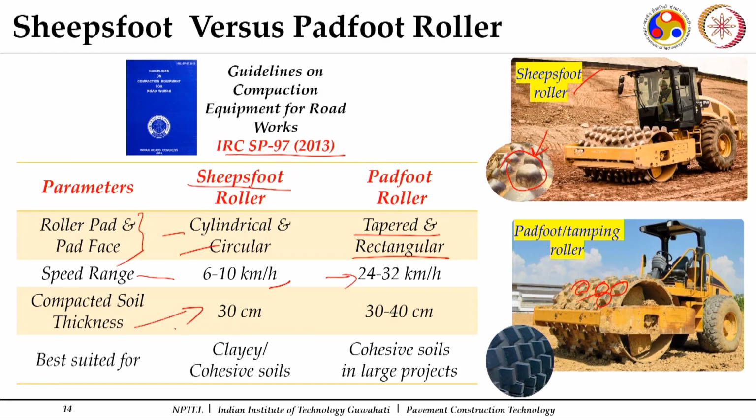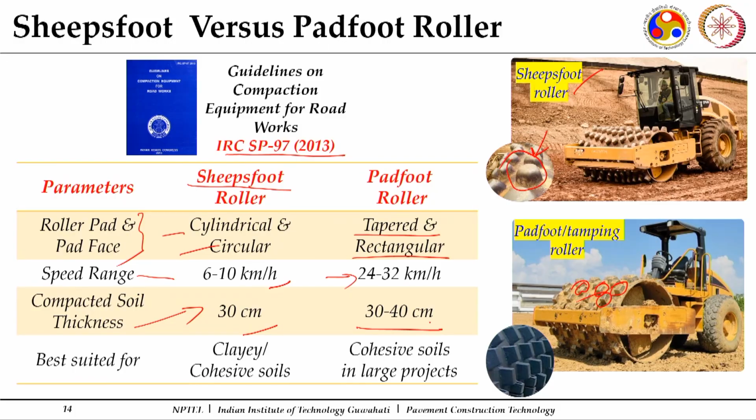Compacted soil thickness can go up to 30 centimeters. Normally, when compacting subgrade soil, the recommended compacted thickness is 25 centimeters, and here it can go up to 30 centimeters. In the case of pad foot rollers, it goes to a higher thickness compared to the sheep's foot roller.